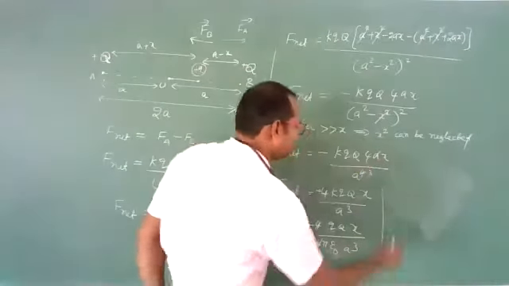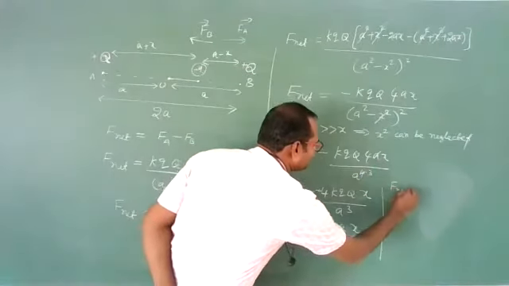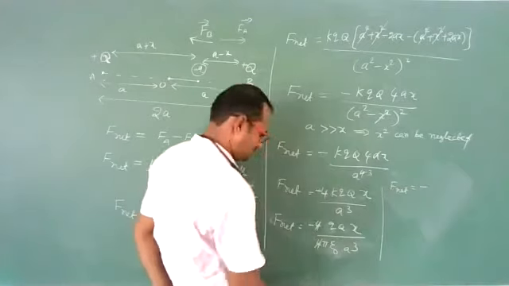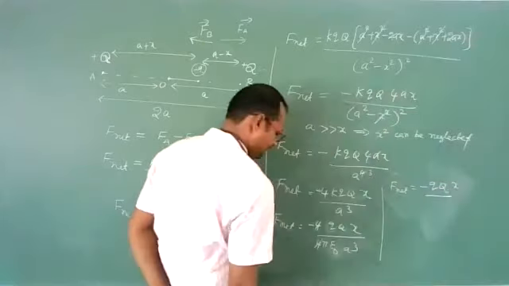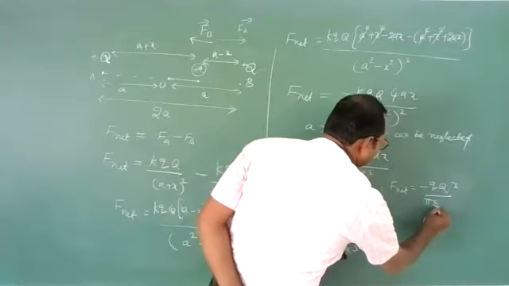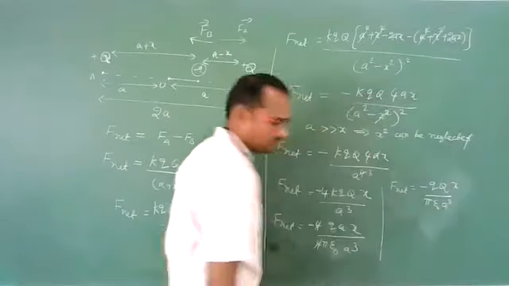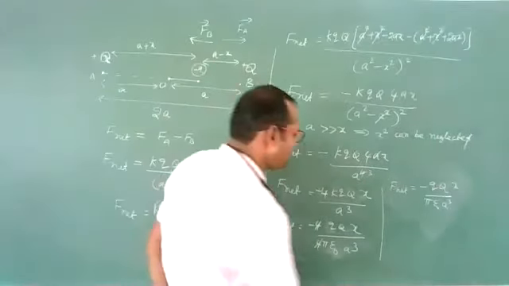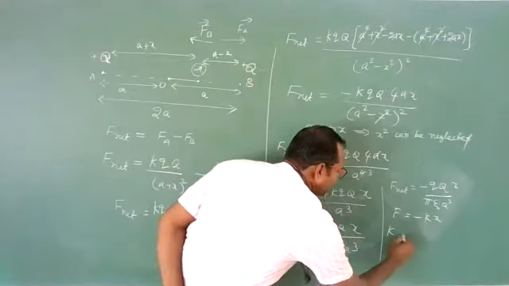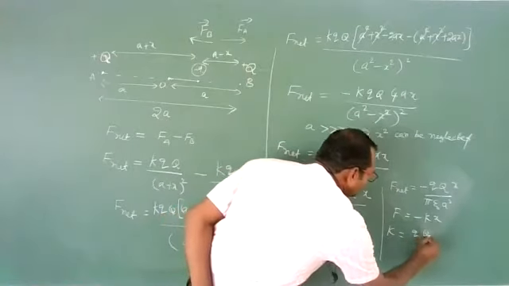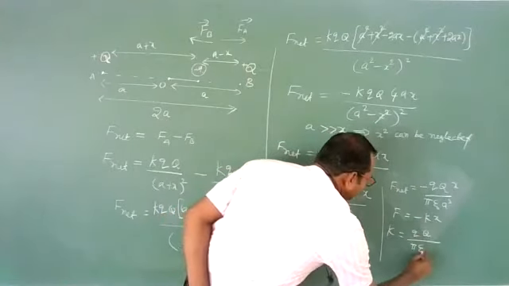So you'll get F net is equal to minus qQx divided by pi epsilon naught a cube. Now it is in the form of F is equal to minus kx. Here the k value is qQ by pi epsilon naught a cube.